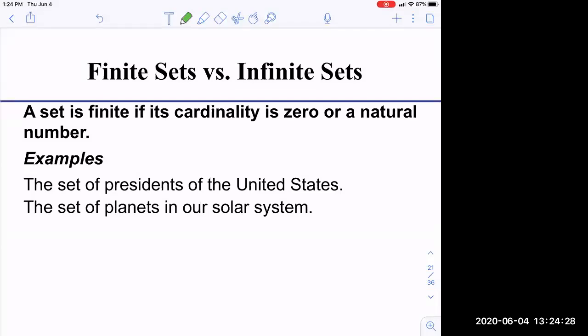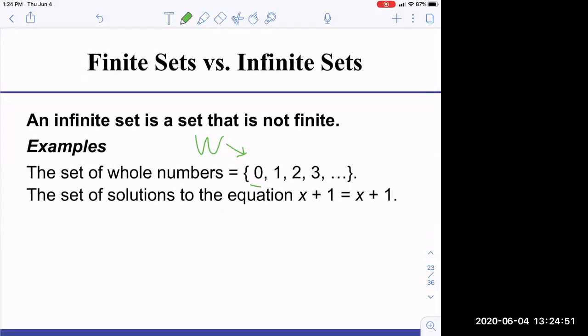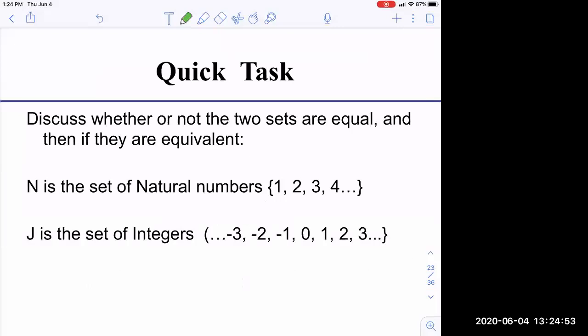Talked about finite sets and infinite sets. So the set of whole numbers, notice W adds the 0 to it, to the natural numbers. So these are infinite sets. Now, these are certainly not equal sets.